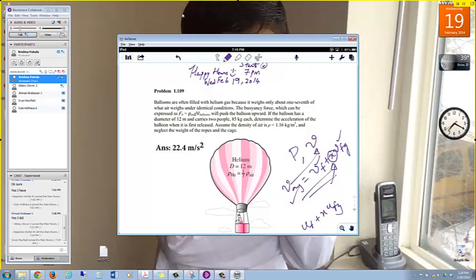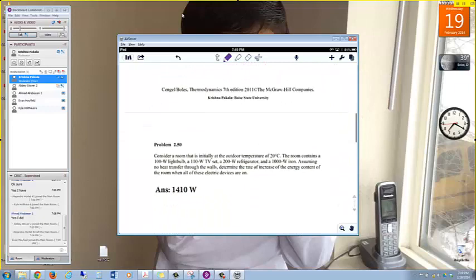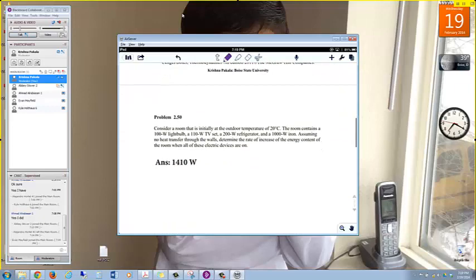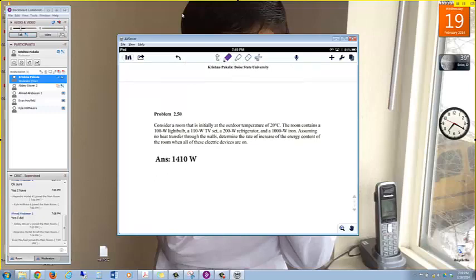For this one, the outside and inside temperature were the same, so we only had to consider the electrical energy, because the heat was the same. Could we maybe do an example where the heat was warmer on the outside or something?